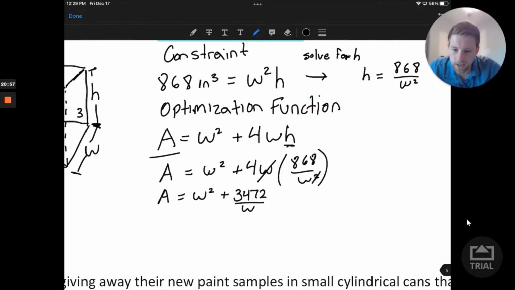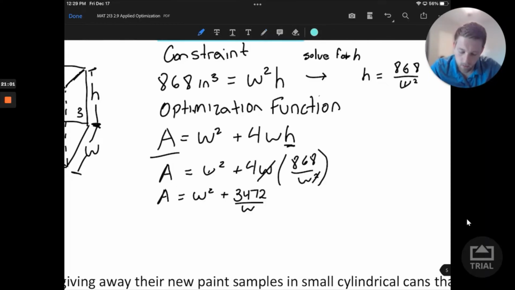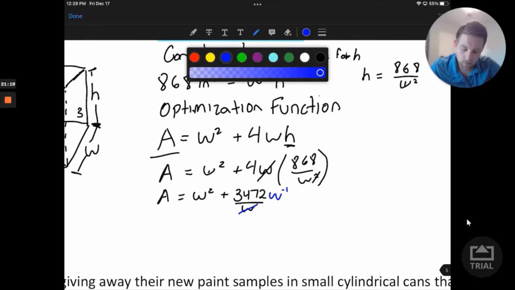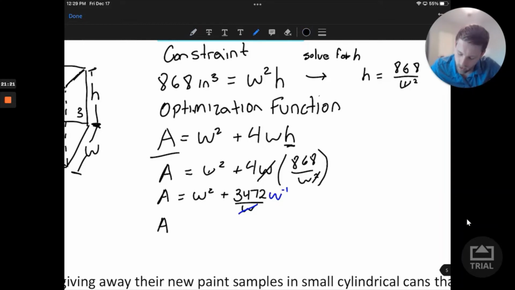So let's go ahead and find our derivative function first. Another way we can express this second term is, if we bring that W up to the numerator, we really have W to the negative first power here, and that might be a helpful way to express that when we take its derivative. So let's take the derivative, A prime.